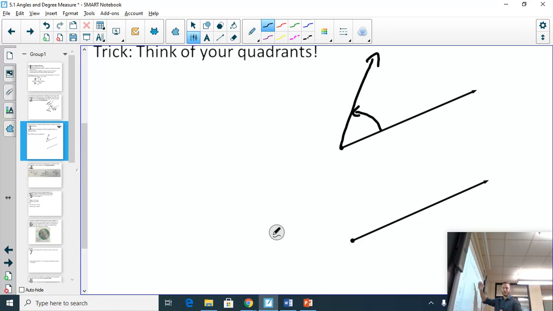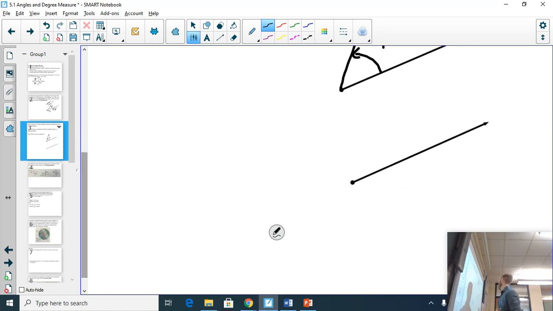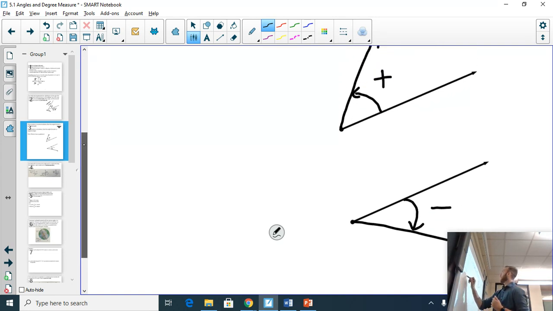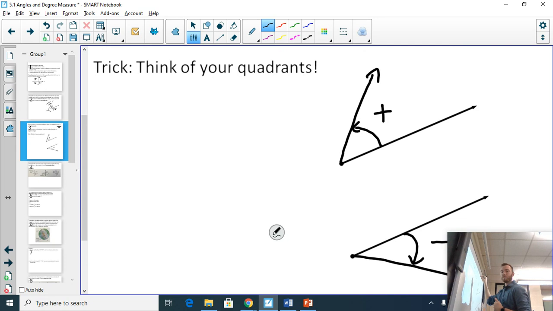That's counterclockwise. This angle would be positive. And vice versa, if we went the other way, if we rotated clockwise, how a clock goes, that angle would be negative, right?